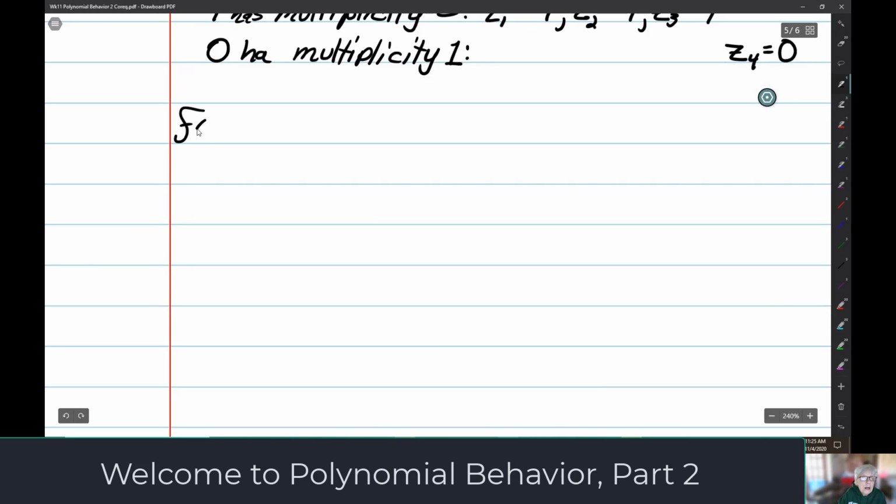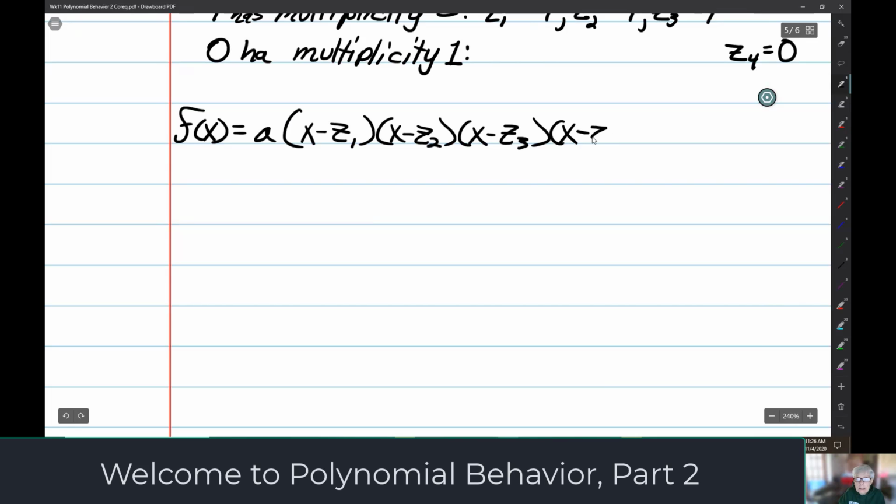So we're going to have f of x equals a times x minus z1 times x minus z2 times x minus z3 times x minus z4, because there are 4 zeros. If you had 5 million zeros, then you'd have to make 5 million factors.